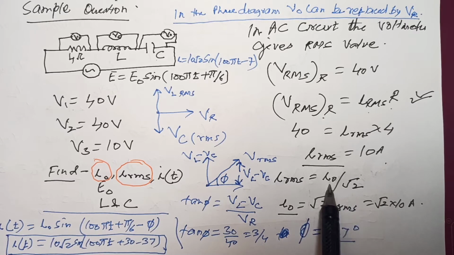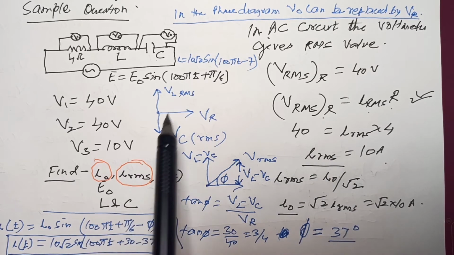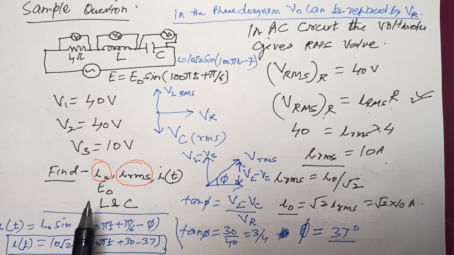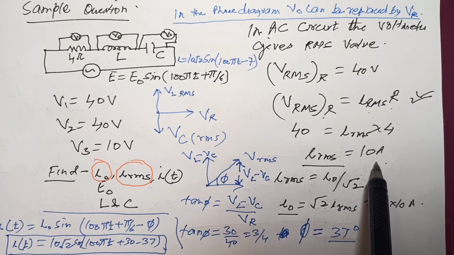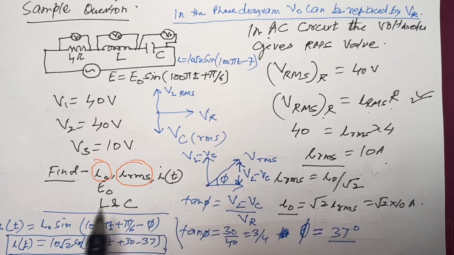So I0 is equal to root 2 into IRMS, which is root 2 into 10 amperes. So we have already done I0, which is 10 root 2 amperes, and IRMS, which is 10 amperes. These are the first two sub parts of this question.